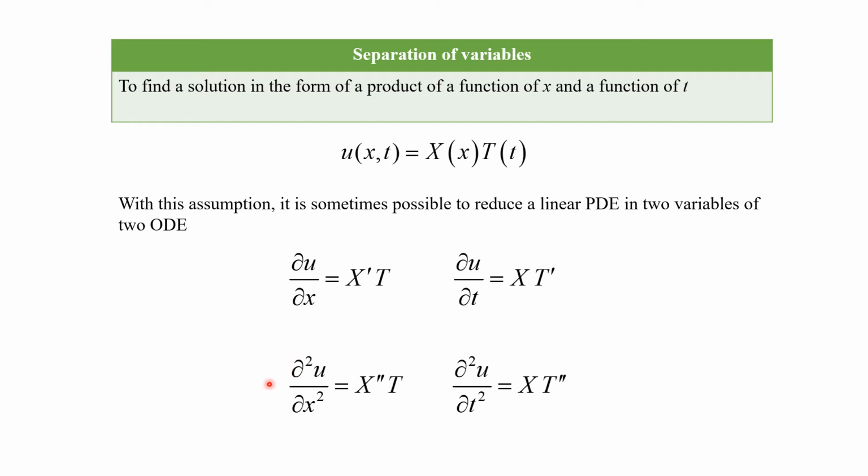For the second derivatives, differentiating du over dx with respect to x gives X double prime T, and differentiating du over dt with respect to t gives X T double prime.